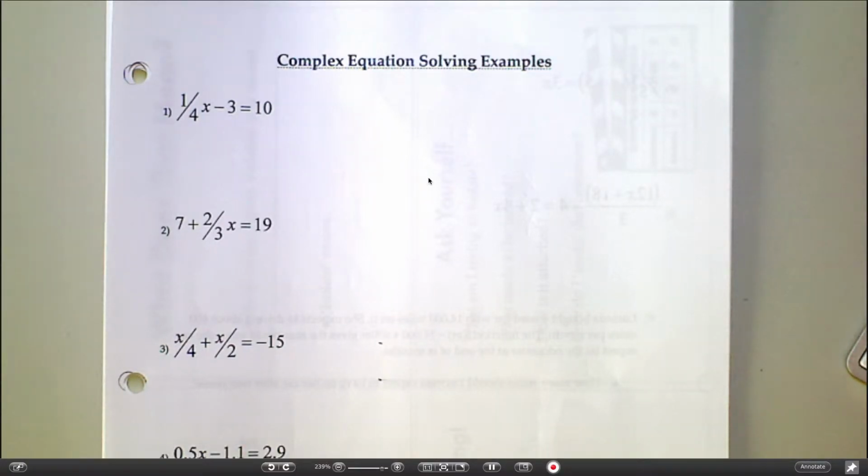Couple different analogies that go along with equation solving. You all know that equations have to be balanced, right? So anything you do to one side, you have to do to the other. You're probably pretty used to that. I like to think of solving an equation like opening a present, okay? It's like the math gods took this letter, this variable, hid a number behind it, and put it in a box.